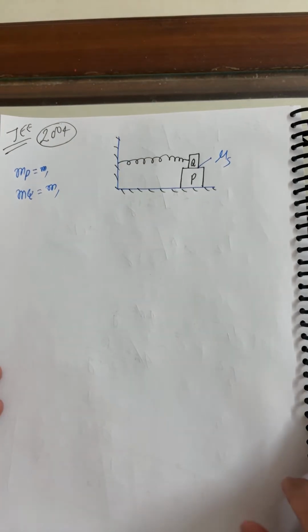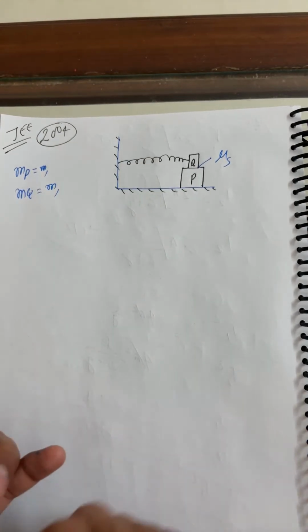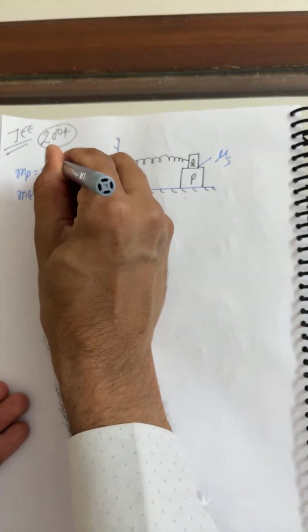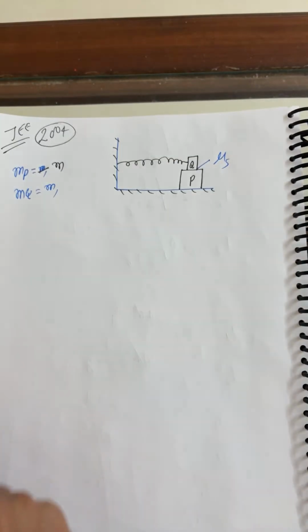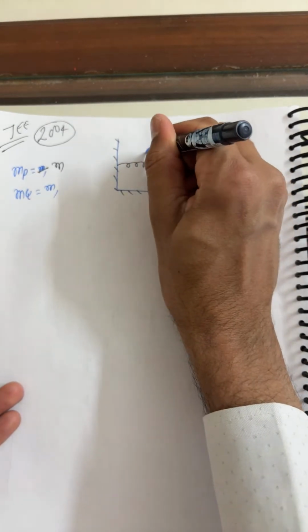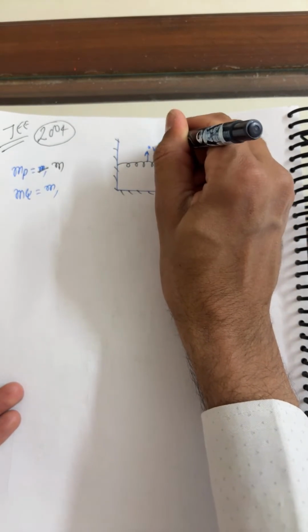Both are identical, mass m and m. The second block of the same mass m is placed on it and is connected to a spring of spring constant K.